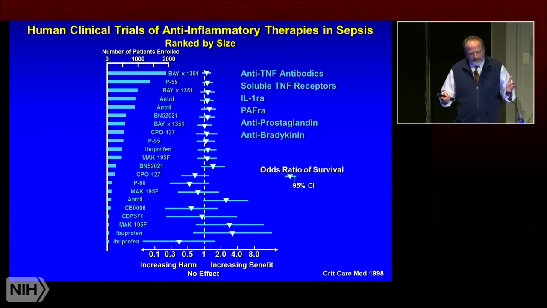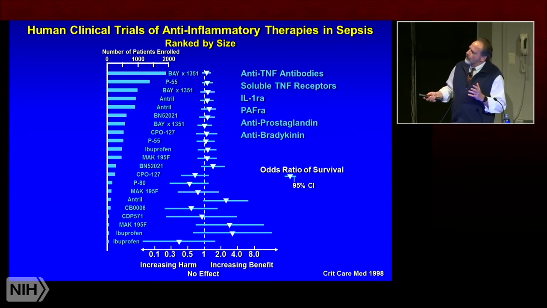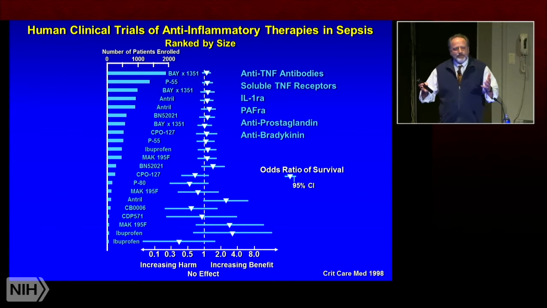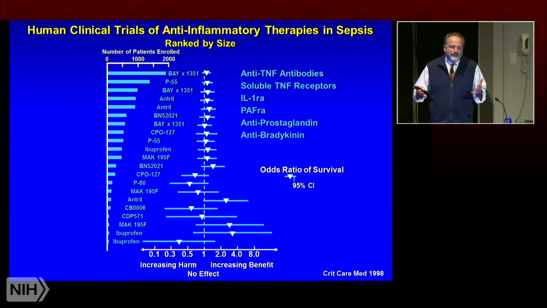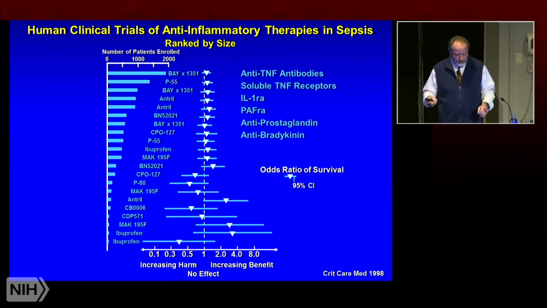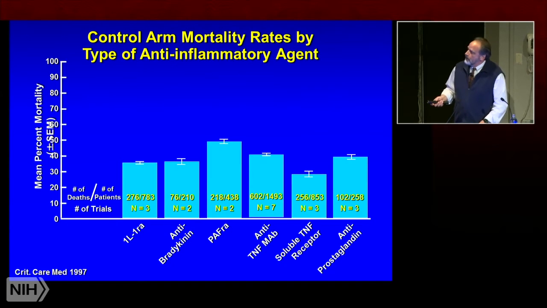But the question we asked, the next one, is why did all these anti-inflammatory agents, what was common about them that they would all have the same effect? And we looked at a lot of different things. And the one thing that we found, which was very similar over all these clinical trials, was the control mortality rate.